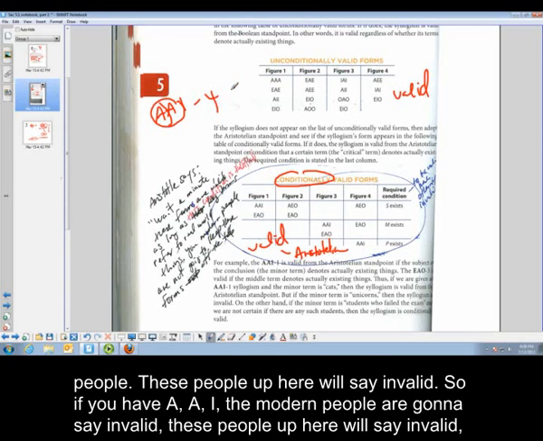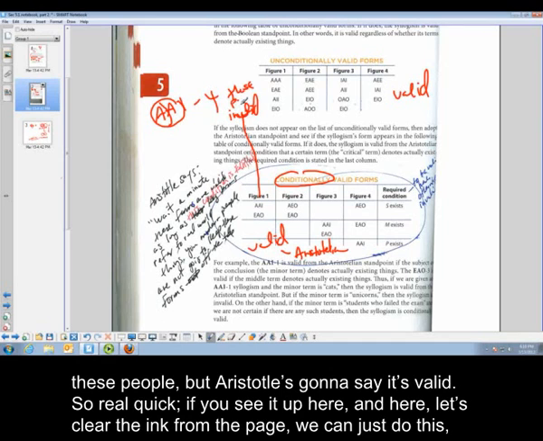You know, these people up here will say invalid. So if you have AAI, the modern people are going to say invalid, right? These people up here will say invalid. But Aristotle's going to say it's valid.